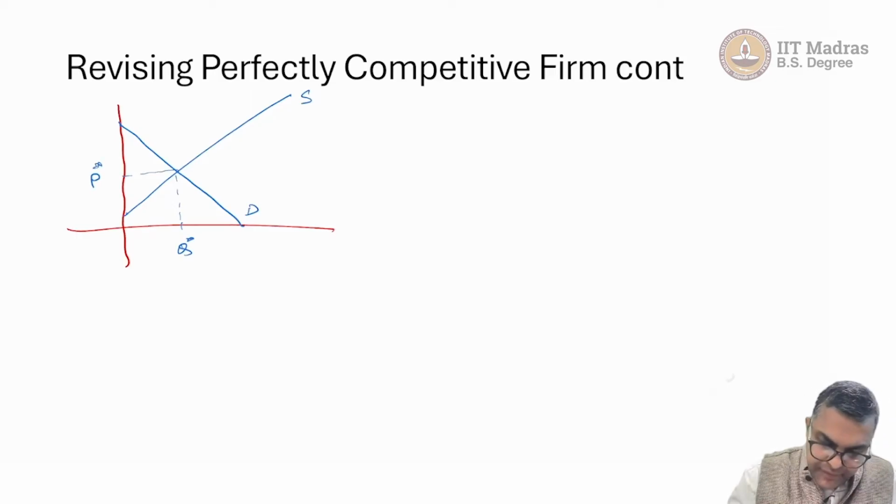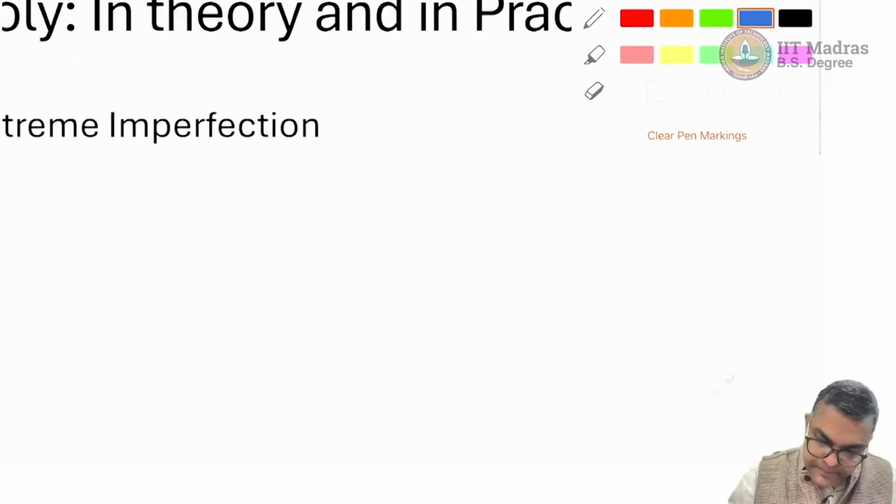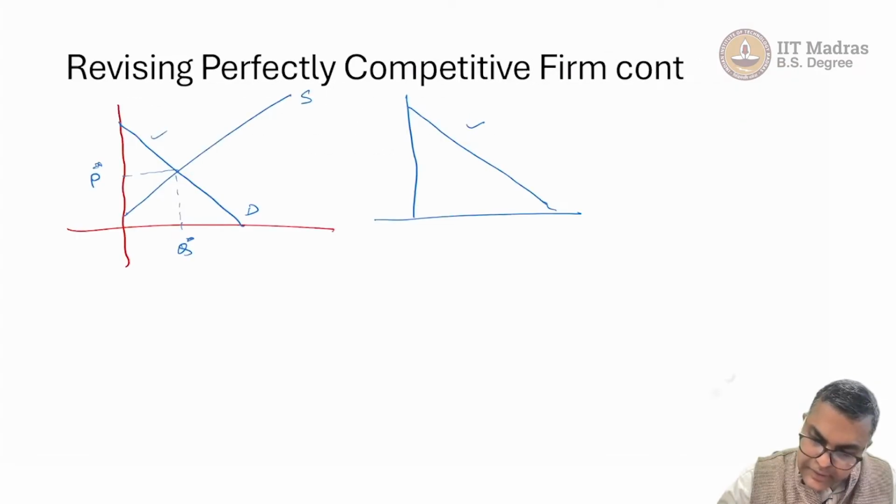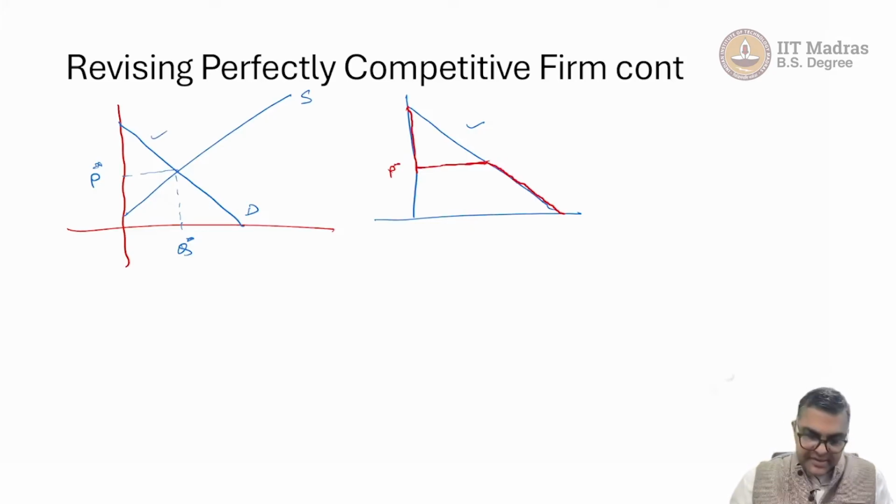If this is the demand curve, and this one and this one are the same, then as I had already alluded, at P star this is going to be the demand curve that one particular firm faces.